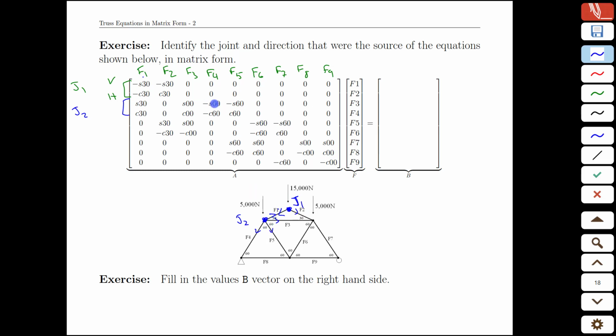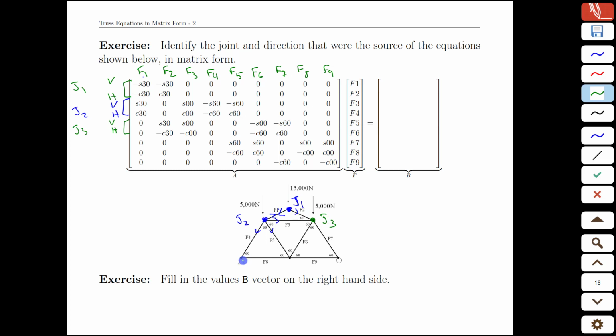If we expanded this by multiplying it by the unknown forces, we would get the equation we built for the sum of the forces equals 0 in this joint. Again, we have two equations, one vertical and one horizontal. And as you might imagine, we continue this on, we're going to have matching forces in joint 3.